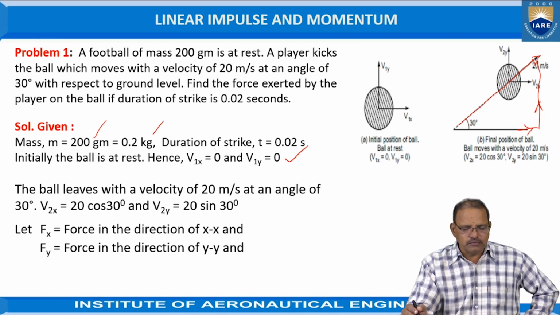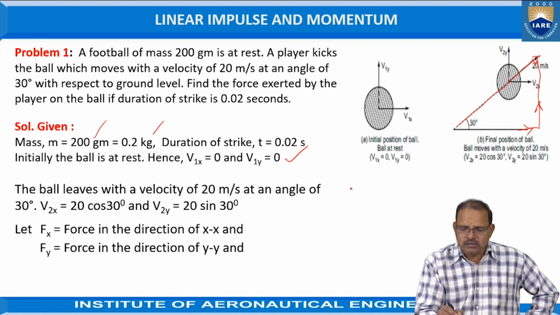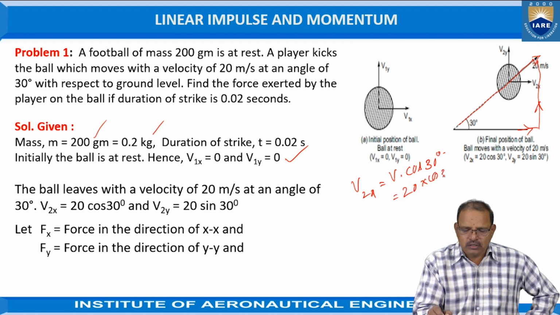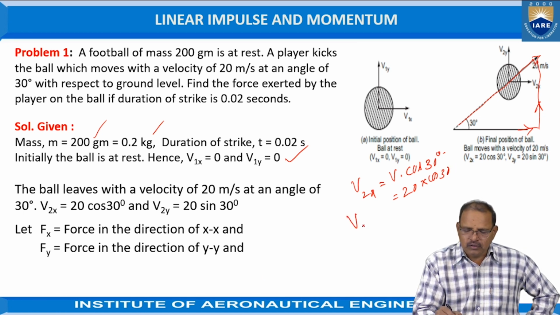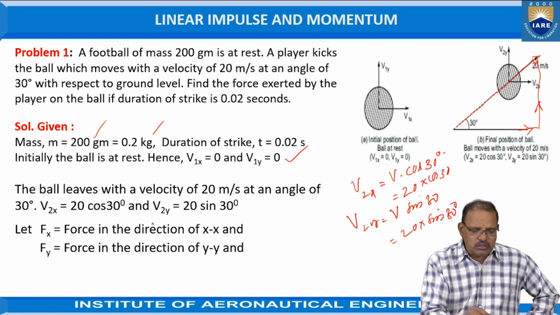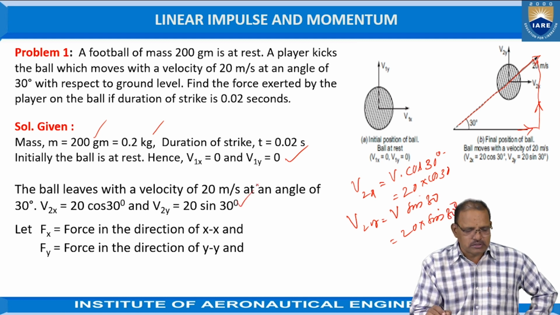Along the x direction, v2x is equal to v cos 30 degrees, that is 20 cos 30 degrees. Similarly, along the y direction, v2y is equal to v sin 30 degrees, which is equal to 20 sin 30 degrees. So velocity is resolved into two components.